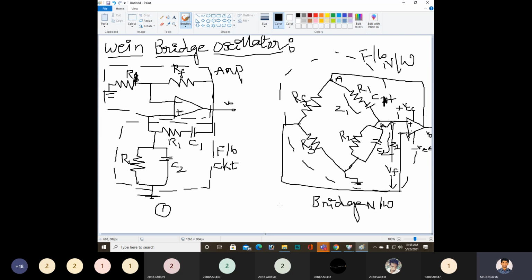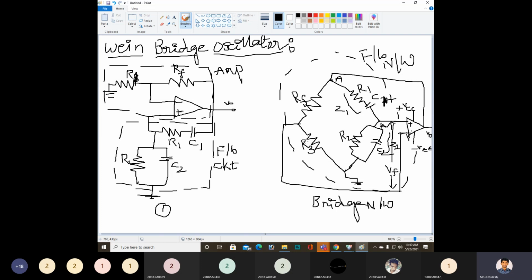And here the resistors R3 and RF are connected in the remaining two arms.